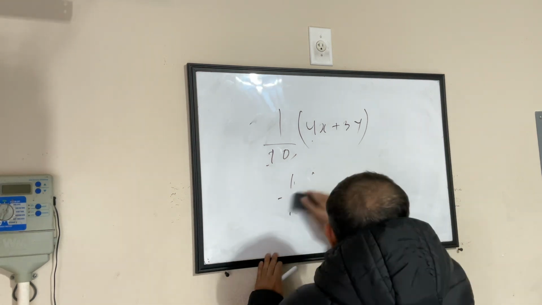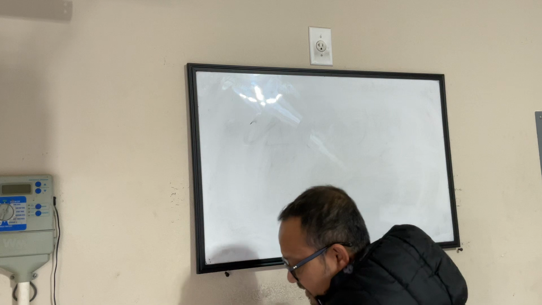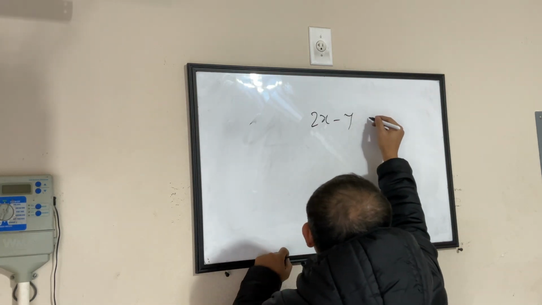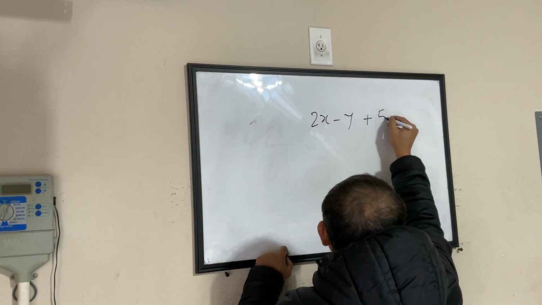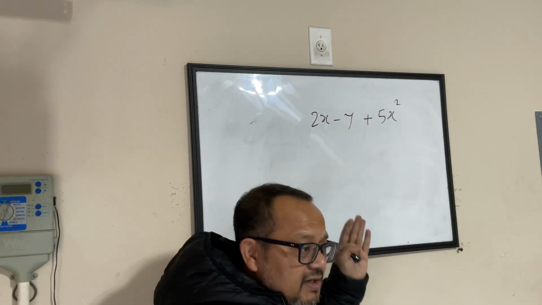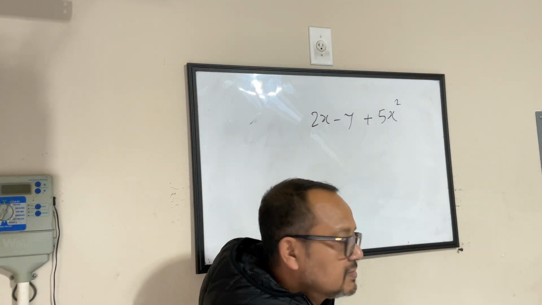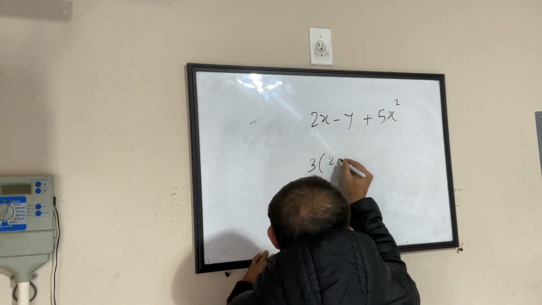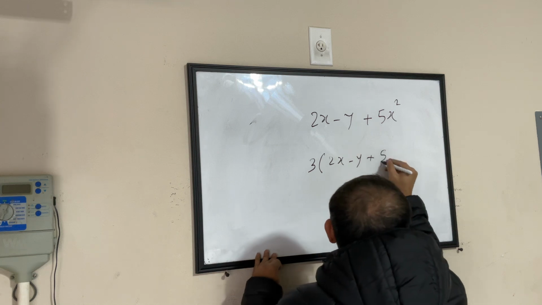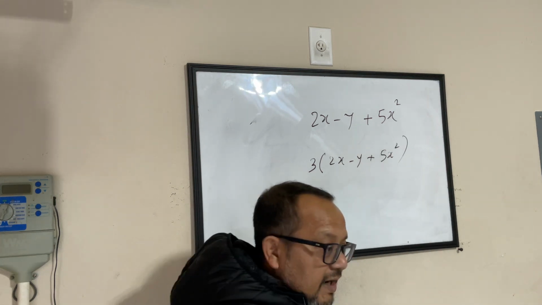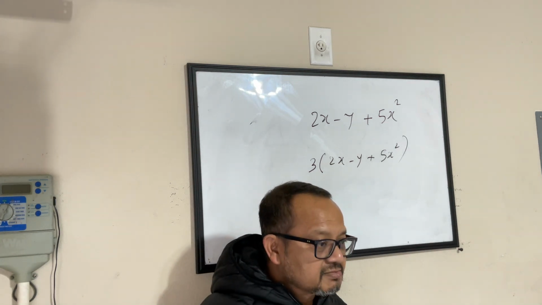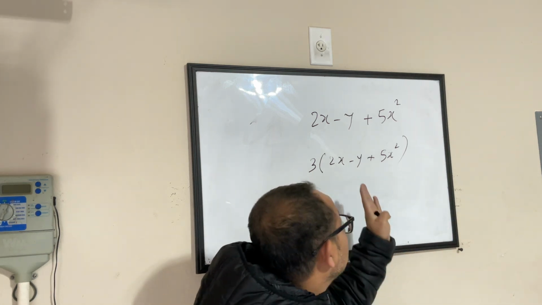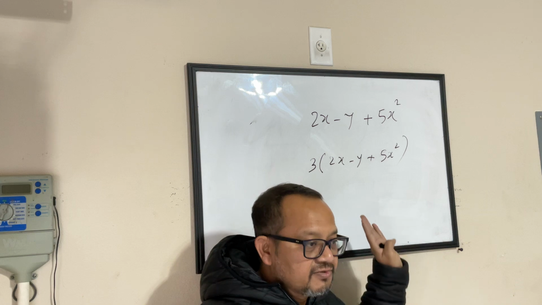So if I have, let's say, an expression like 2x minus y plus 5x squared, let's say this is my expression. So this expression is the same as this, I can do this and I don't have to be worried. My answers, my value, my overall outcome from this expression is not going to change. I can safely do this.